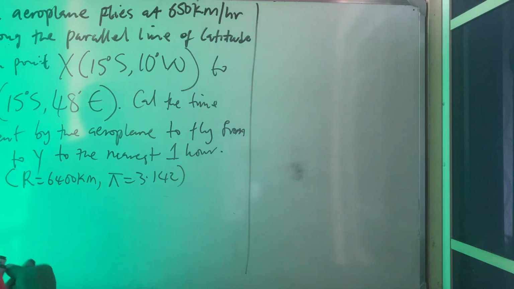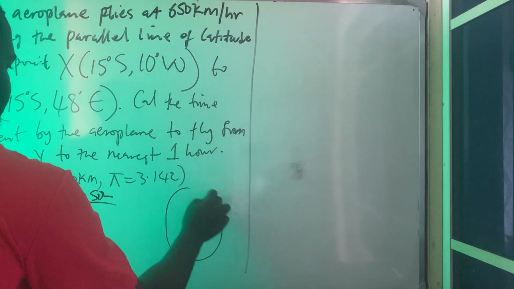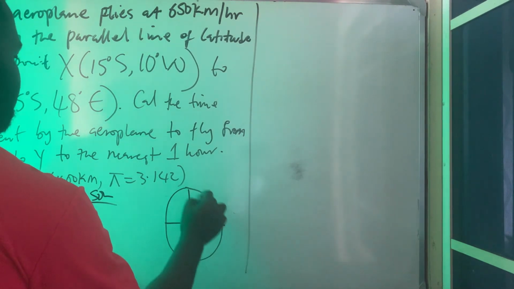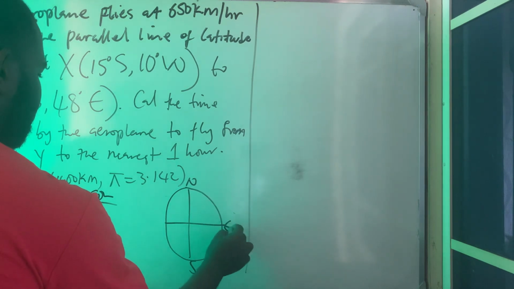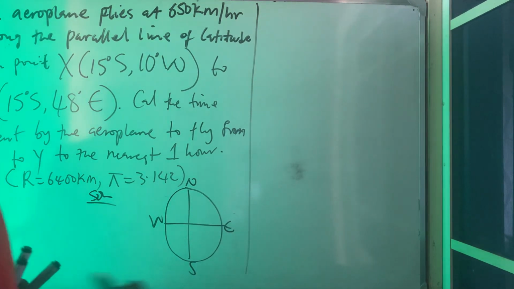Right, solution. This is very simple. First of all, let us draw it, because drawing will fetch you marks. So this is my north, south, east, and west.